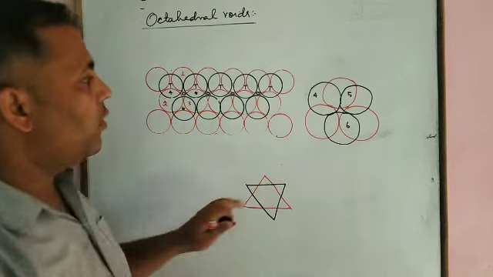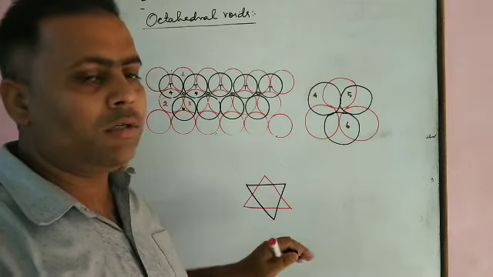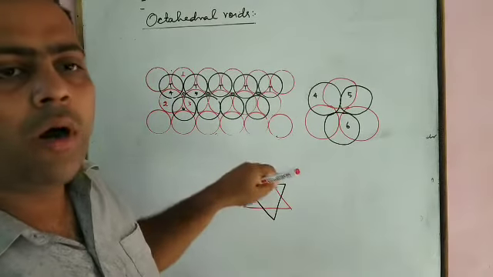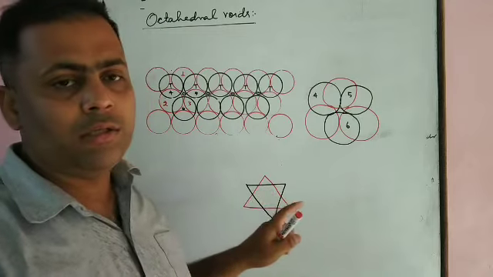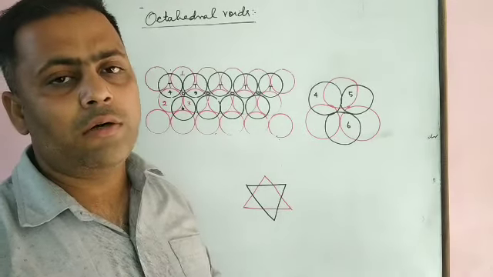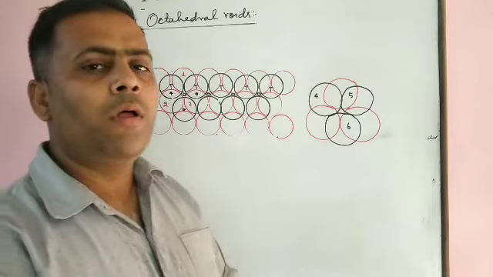When you view the triangular voids from overhead, it seems like this. This is the structure of octahedral voids.